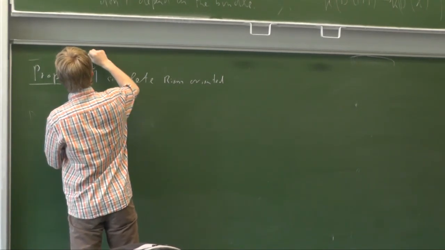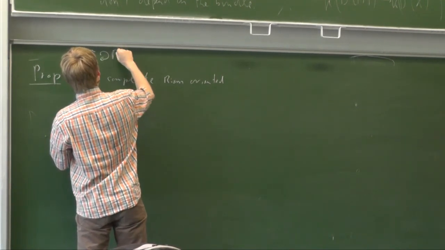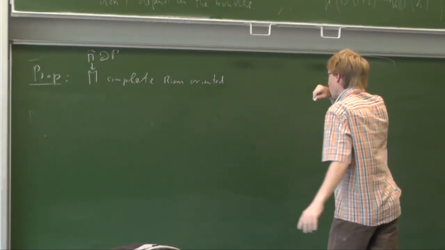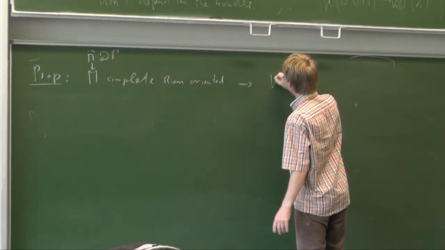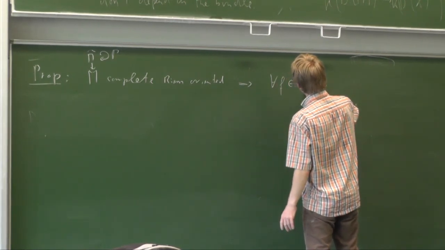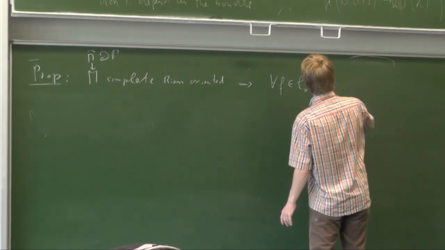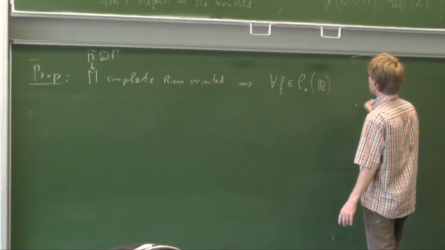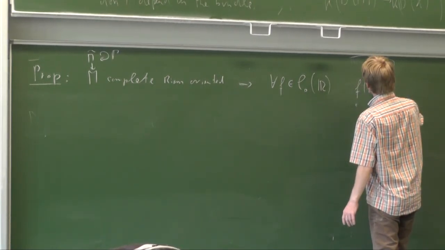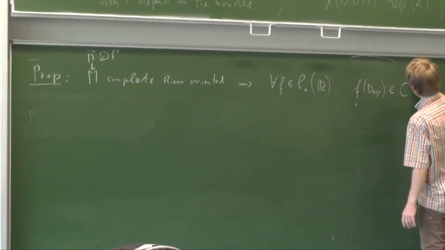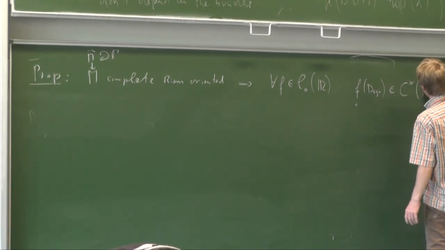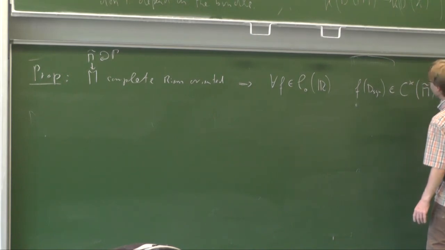Covering with the gamma action, this gamma covering. That implies that all continuous functions vanishing at infinity, F of the signature operator, is indeed in C-star.